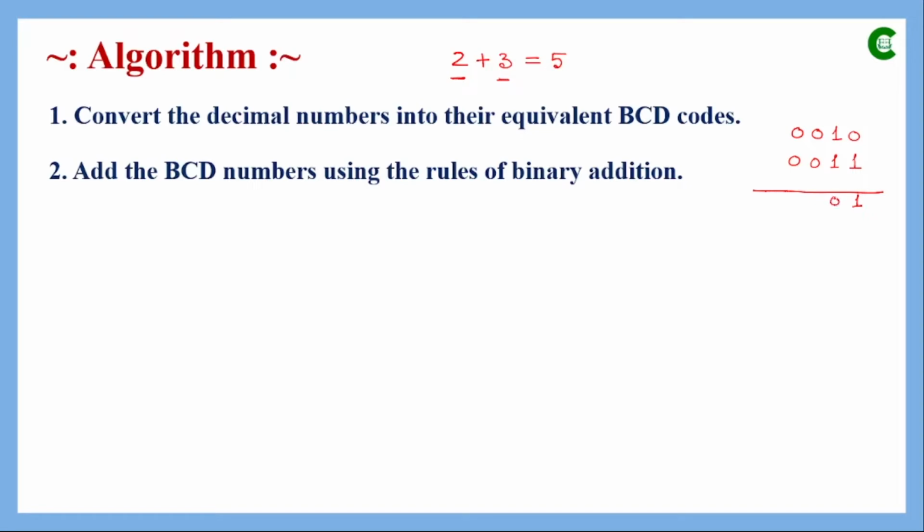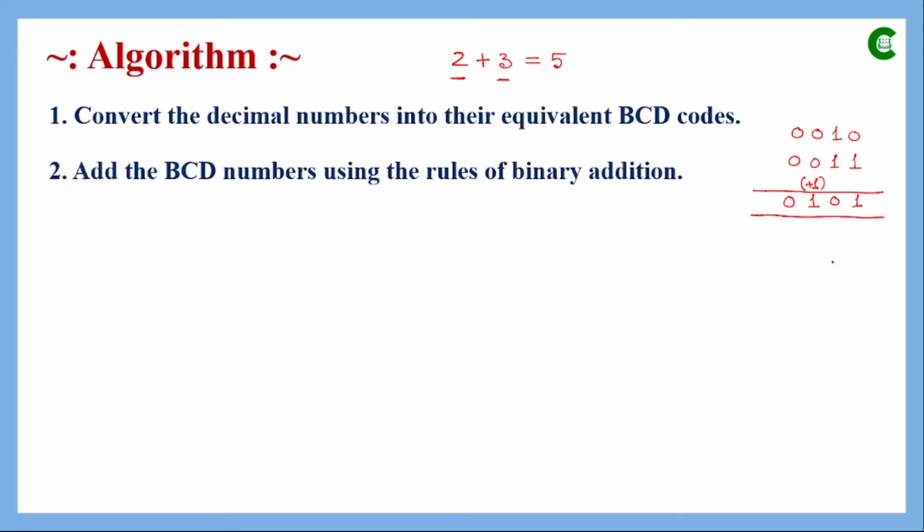So here we will have 0, and then the 1 will be carried forward to the next bit. Here 0 plus 0 is 0, and when this carry 1 is added, it becomes 1, and there will be no carry. Simply at MSB, 0 plus 0 will be 0. That means the final result of addition will be 0101.